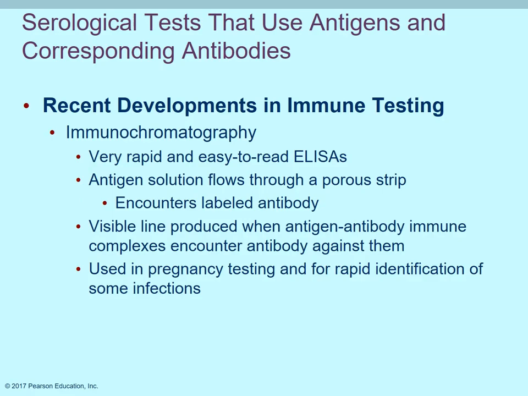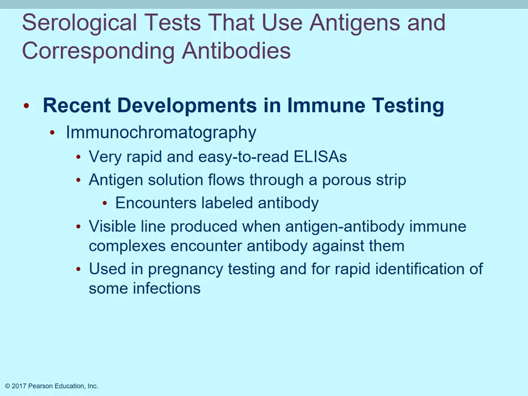What happens is there is going to be, typically, an antigen or the antibody, depending on what test you're running, that is embedded on a paper, on a strip, and then you put that in a solution from the patient, and if the patient has the antibody, it's going to run up, and when you get that antigen antibody complex formed, you have a dye there where it's going to form a visible line that you can see.